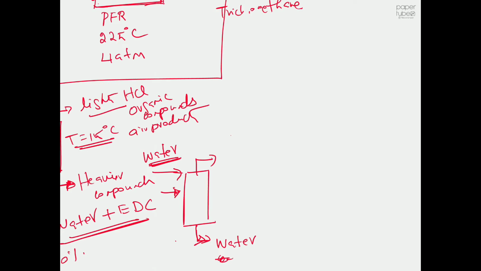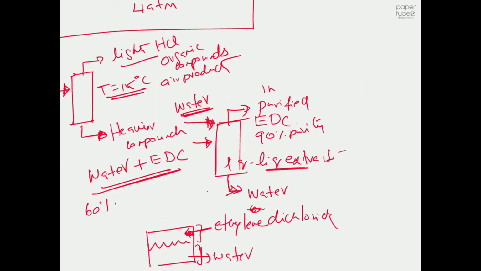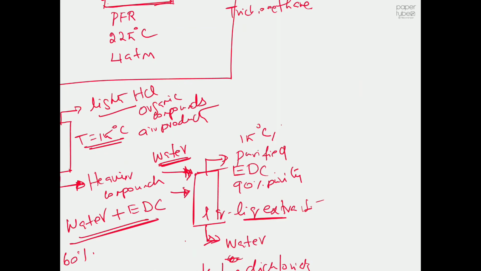This liquid extractor, we will maintain a temperature of again 15 degrees centigrade, and then it will be 4 atmospheres. So we should take care of the process conditions. It's really important. And again in the flash separator it's the same, 15 degrees centigrade, 4 atmospheres.